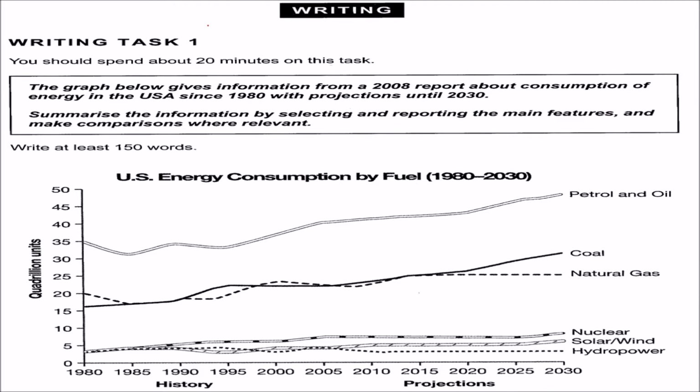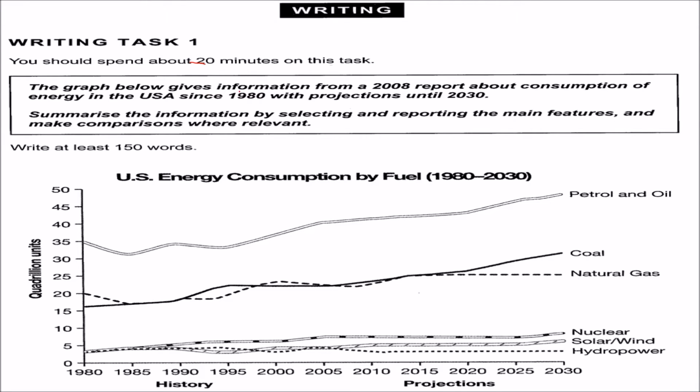Now we are on to the writing task of Test 4, and this is under IELTS Student Book 9. Generally there are two tasks. The first task is here, we need to spend about 20 minutes on it.